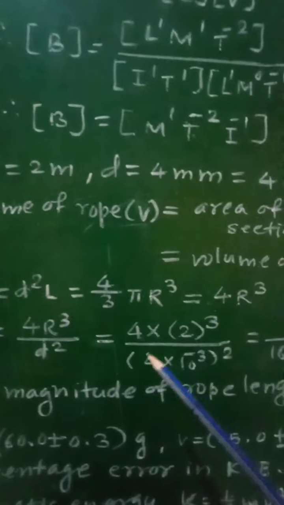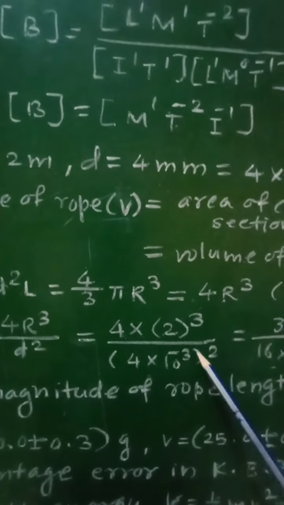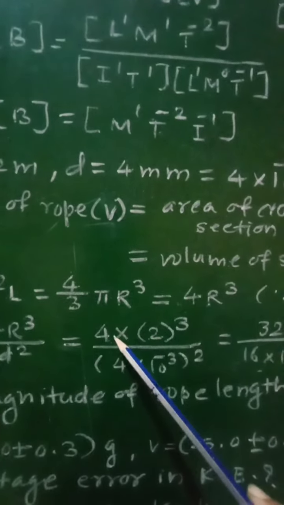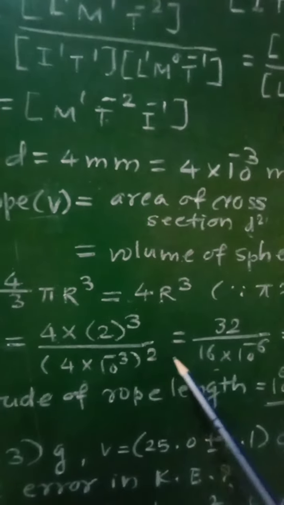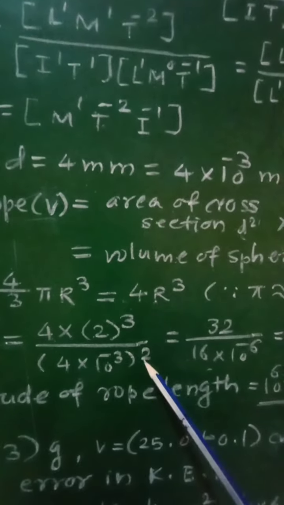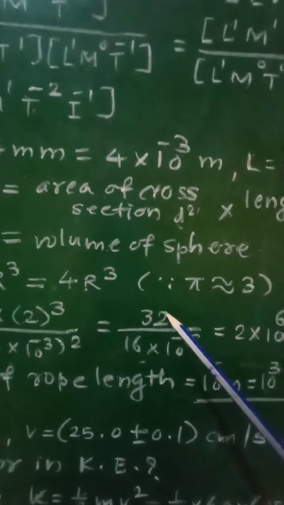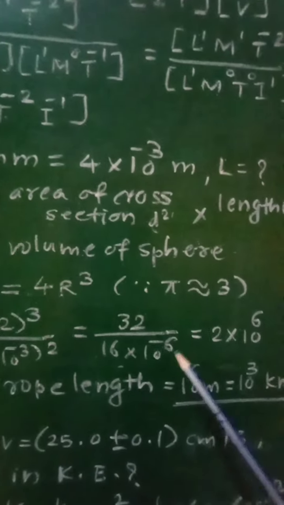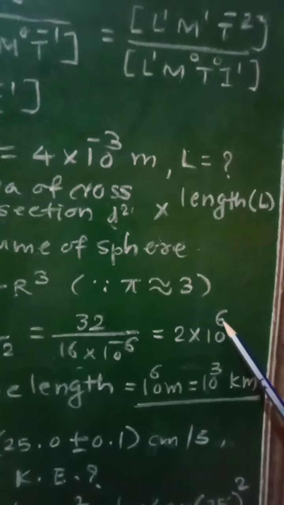Putting the values, we will get 4 into 2 cube upon (4 into 10 raised to minus 3) square. 2 cube, that is 8. 8 into 4, we will get 32, divided by 4 square will be 16, and 10 raised to minus 3 square is 10 raised to minus 6. And therefore we will get 32 upon 16 into 10 raised to minus 6, which comes out to be 2 into 10 raised to 6 meter.